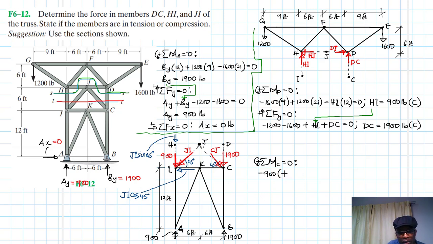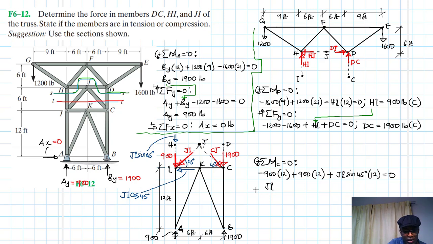So 900 by 12, and then HI, which is another 900, this one is giving us anti-clockwise, 900 also by 12, and then later on we have the component of JI, which is JI sine 45 by the lever arm, which is also 12, equal to 0.